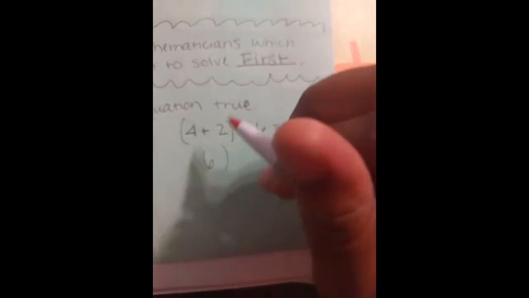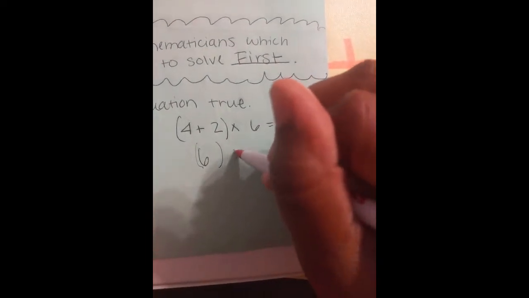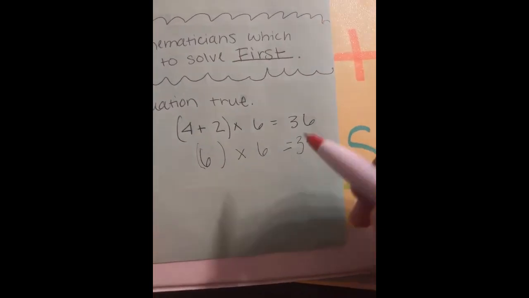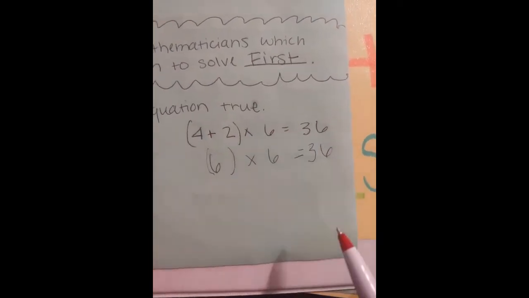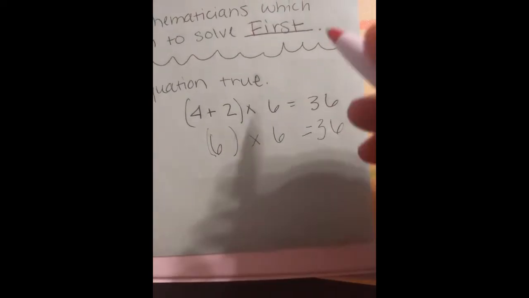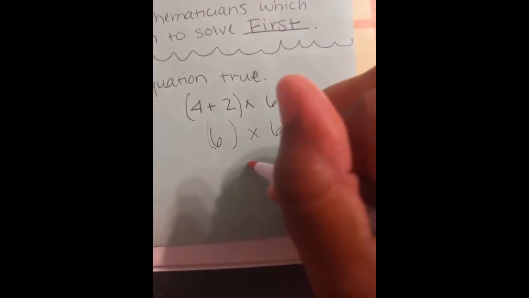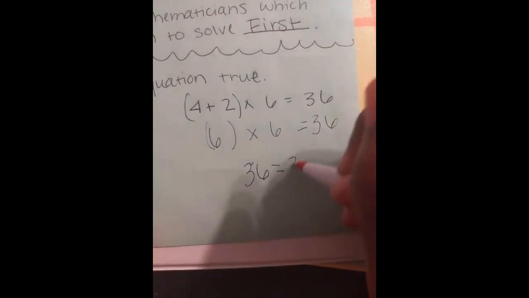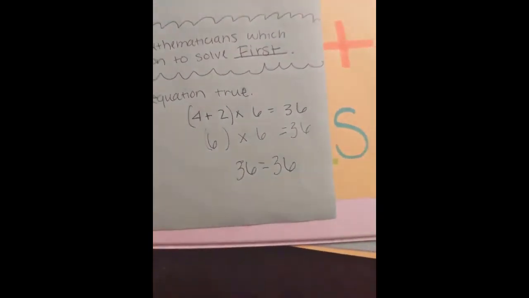And the 6 is in the parentheses. We are still multiplying by 6 because that is what the equation told us to do. Now, 6 times 6 equals 36. Is that the truth? I think that we're correct there. 6 times 6, that's a square number. We know that equals 36.